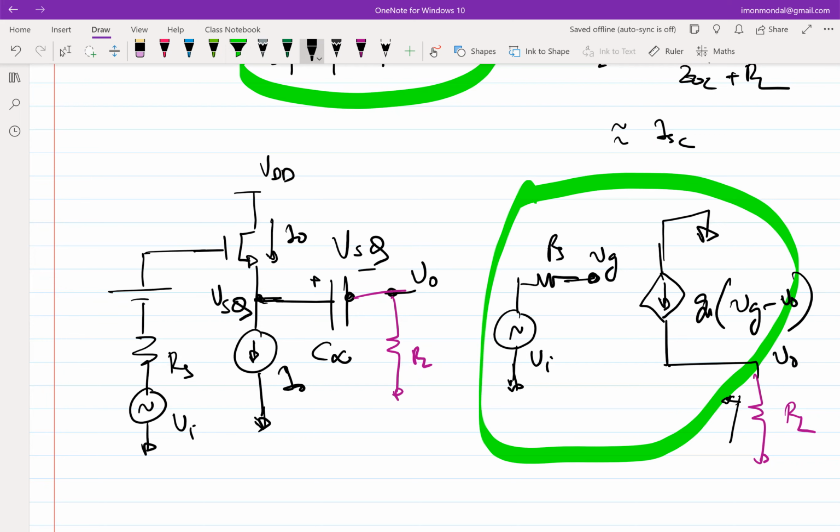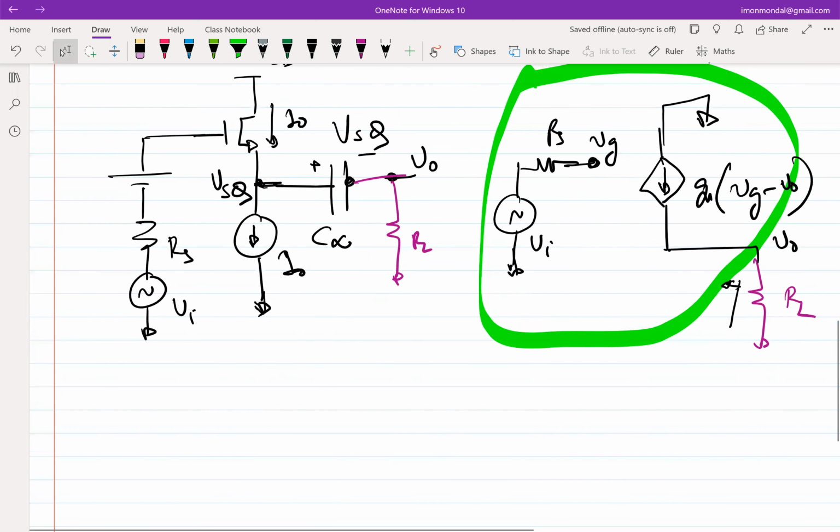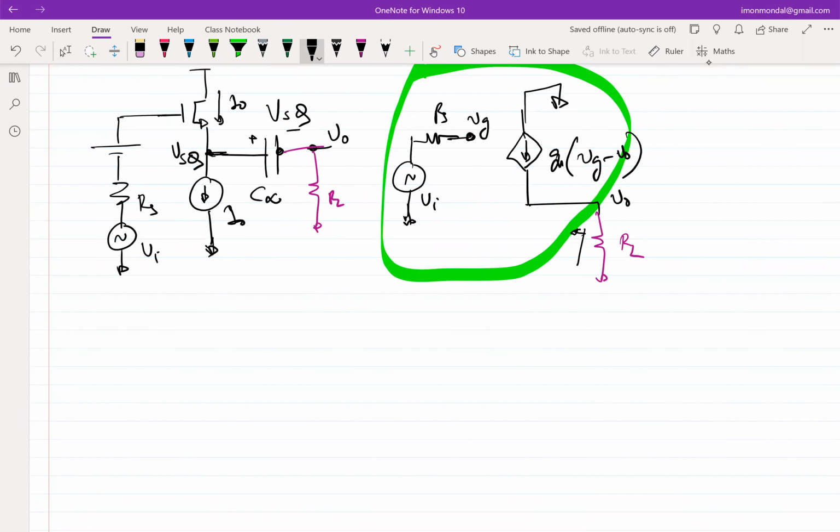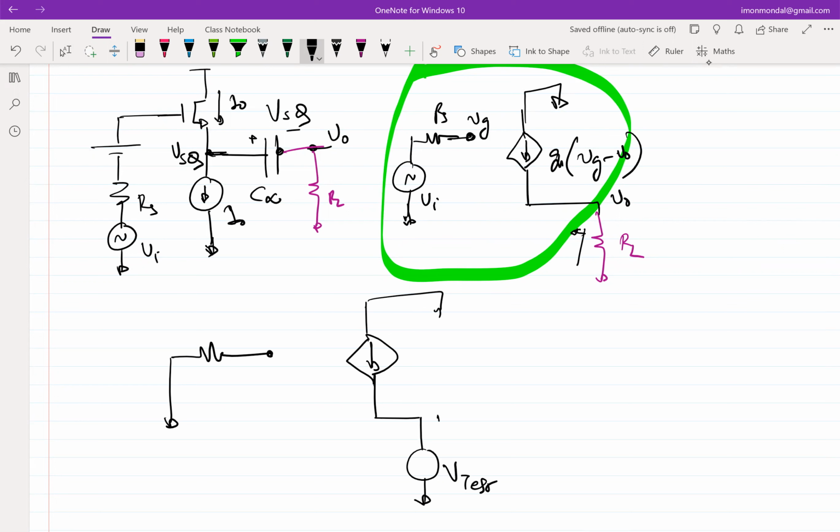Right? So how do you find out output impedance? What is the first thing that you do? You short all the independent sources. In this case, the independent source is Vi, so you short it. You apply a test voltage and find out this current I test in terms of V test, right? So in this case, this voltage is 0.